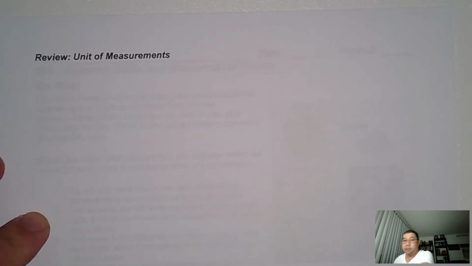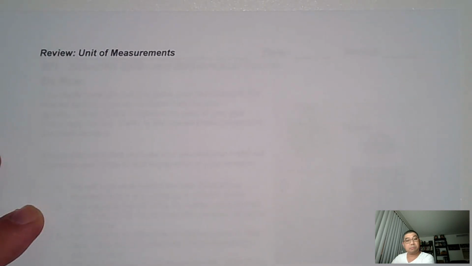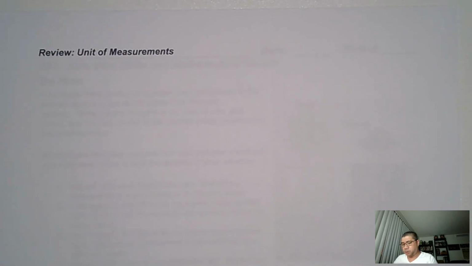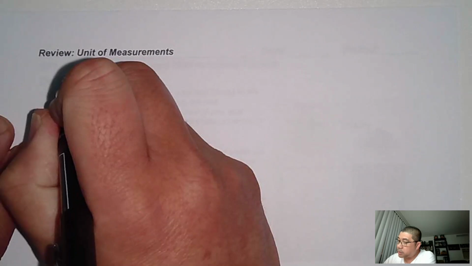In every science class, that includes your most recent one, which is chemistry, or for those of you who will be taking biology next year, AP Bio, or if you have taken those classes with Miss DeAndre or Miss Choa, unit of measurement in science is expressed in terms of what we call the SI system.